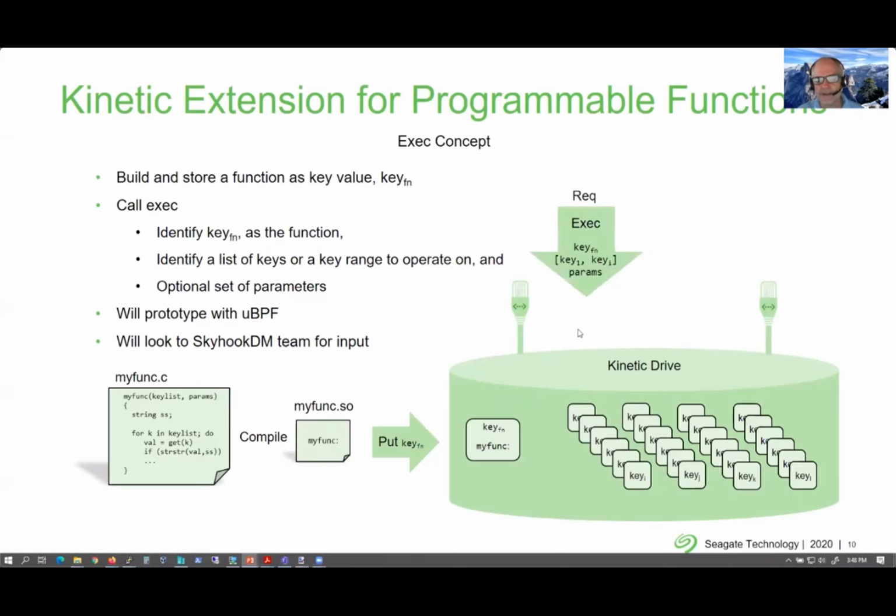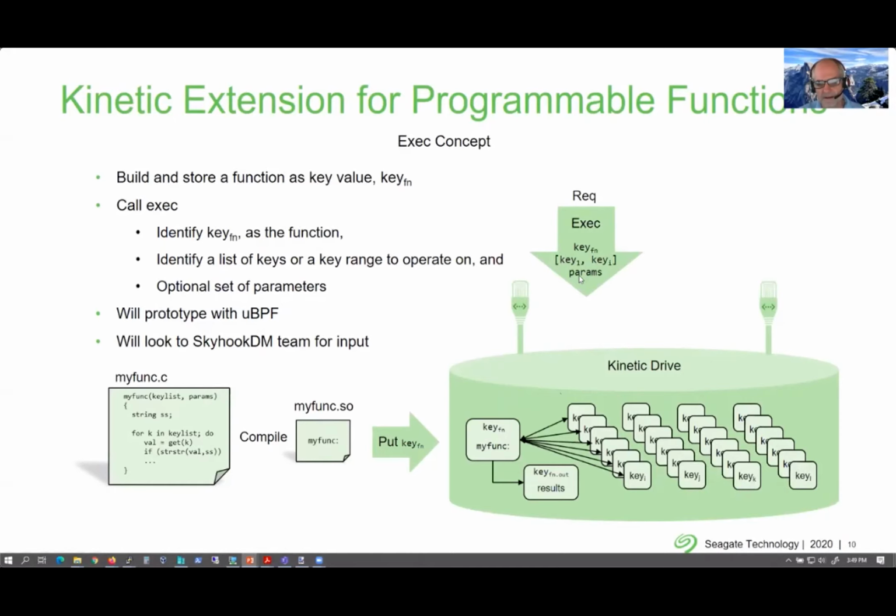Then there would be an exec call added to the protocol that would accept a function key, and then either a key range or a key list as operands to that function, and possibly some arbitrary parameters that the function can define itself for its operation.